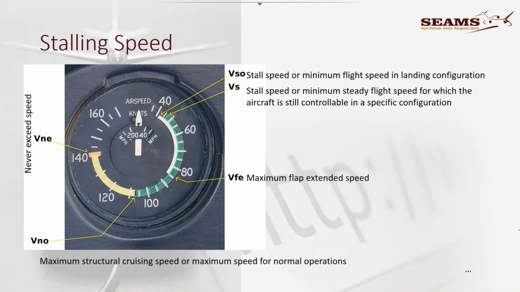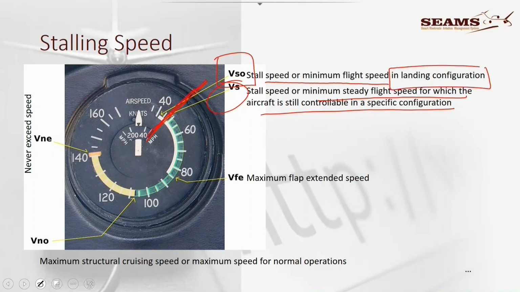And here, we're now going to have a look at the airspeed indicator, and we're going to start off here with looking at VS, the V stall. All right, that's the stall speed minimum, and we've now actually talked about this one quite a lot. Bottom of the green arc, that is the first point that we are interested in, and then the next one that we're interested in is the VSO, and that's the stall speed, minimum flight speed in landing configuration.